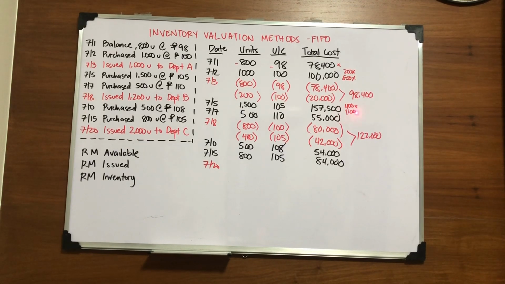We would use this 1,100 from the July 5 transaction for the 2,000 units requirement.